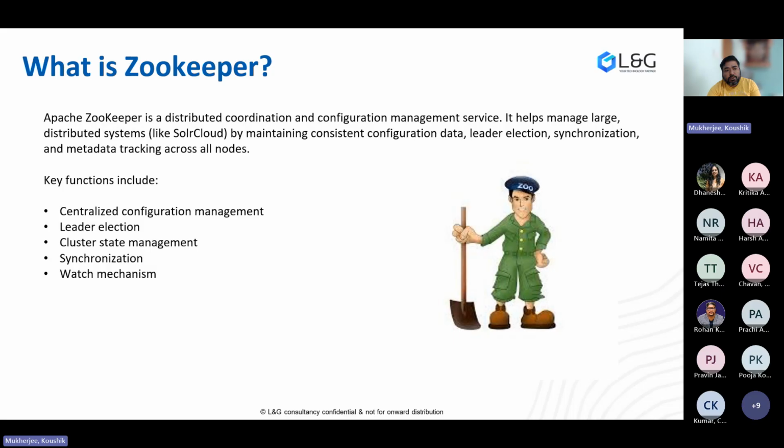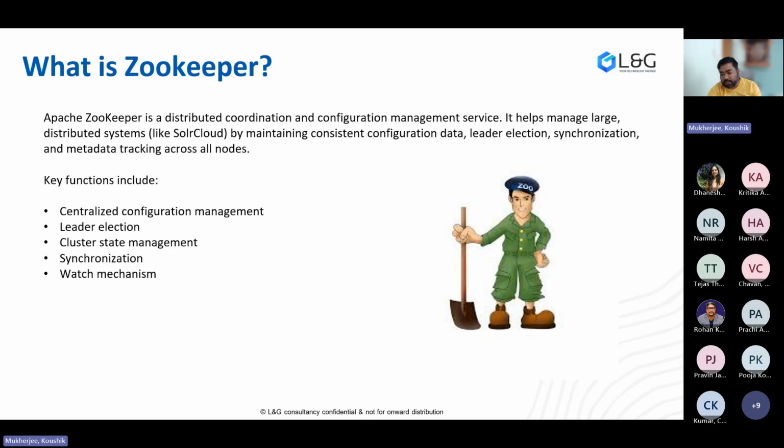Next, why do we use Zookeeper? Apache also offers Zookeeper. It is a distributed coordination and configuration management service. We use it mainly for large distributed systems, and we can consider SolrCloud a large distributed system.